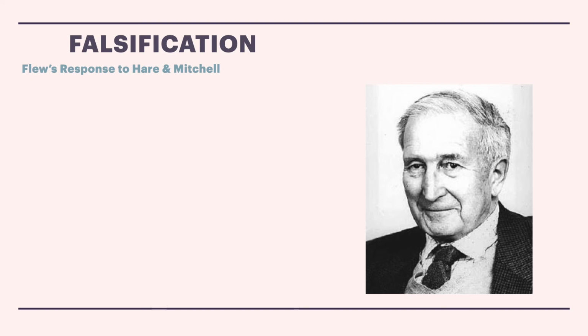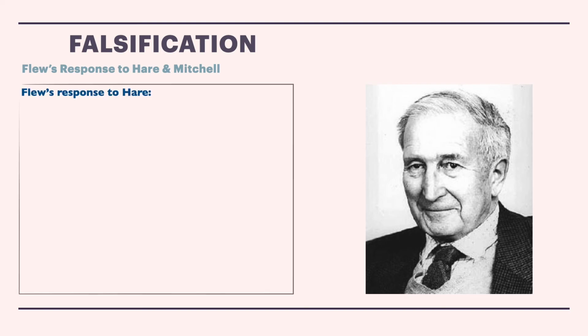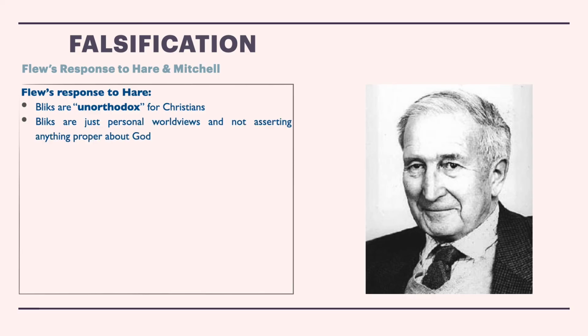Flew responds to both Hare and Mitchell. His response to Hare is to criticize blicks and say that these are unorthodox for Christians. In other words, the majority of believers are more traditional than believing in a blick. It does no justice to their faith in God. He also says blicks are just personal worldviews and they don't assert anything proper about God, which Hare admits they're not factual claims.